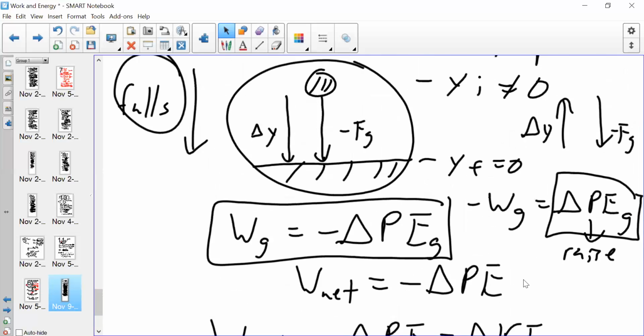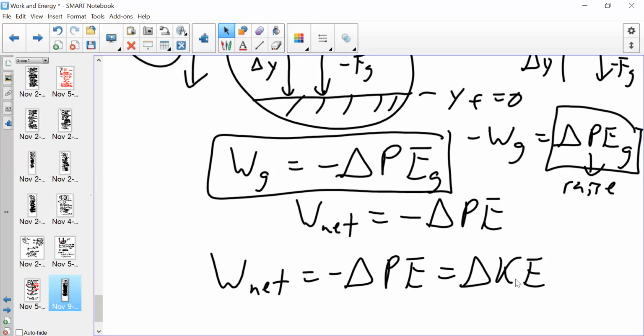Or better yet, when this guy falls down, I'm increasing its speed from 0 to non-zero. So I'm increasing the kinetic energy. I'm going from 0 velocity to 5 meters per second, whatever. At the same time, I'm losing potential. You see that?